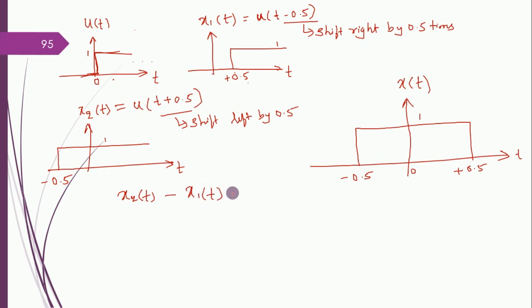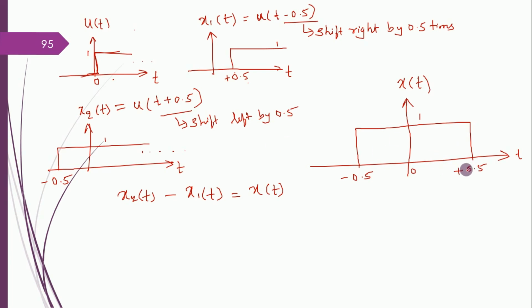Some of the students say this gives you the x of t. Let us check. From minus 0.5, x2 of t has amplitude 1. I pick this x2 of t and take it here. It steps at minus 0.5, reaches amplitude 1 and continues till infinity. But x of t should stop at plus 0.5.